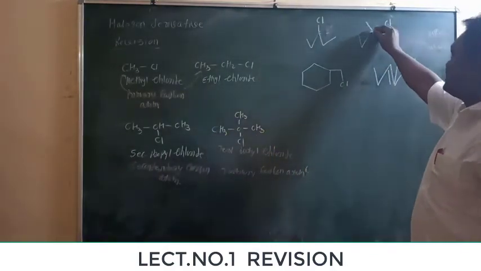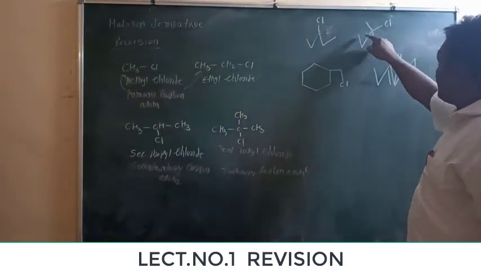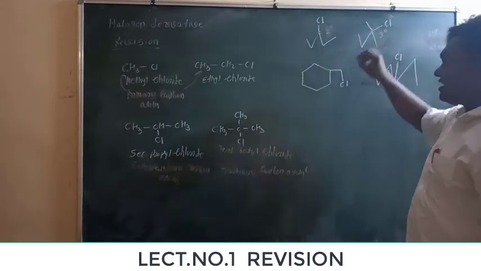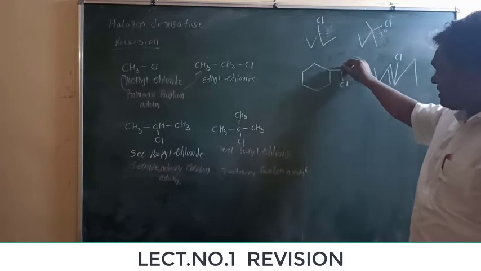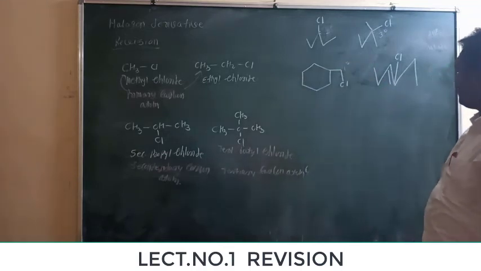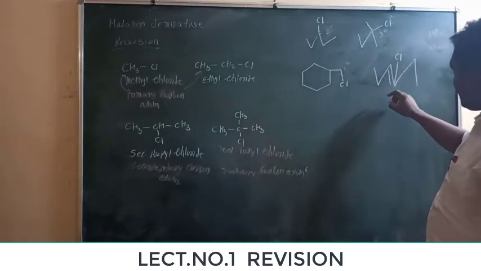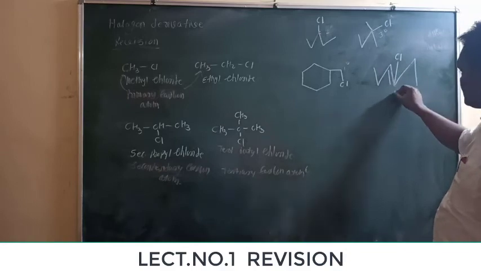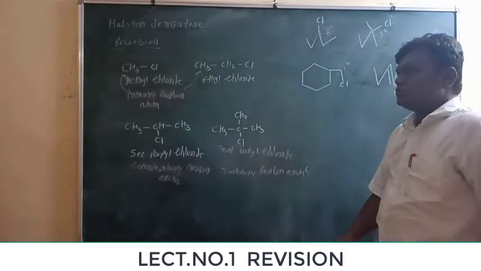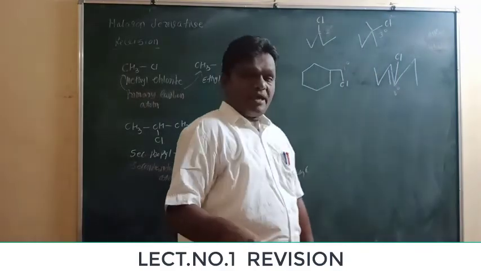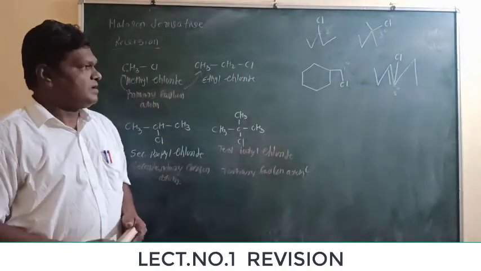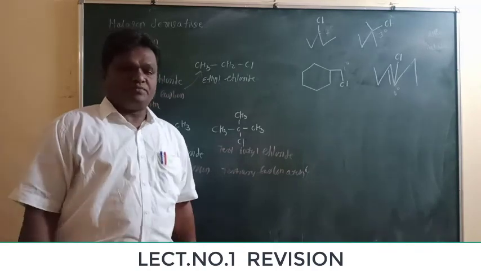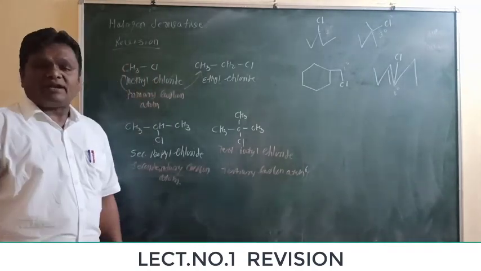Here, this carbon atom is attached to 1, 2, and 3, so we say this is a tertiary carbon atom. Here the halogen atom is attached to a carbon atom with first degree, so this is a primary carbon atom. Here the chlorine atom is attached to a carbon atom that is attached to two carbon atoms, so this is a secondary carbon atom. So we should be easily able to identify which is a primary, secondary and tertiary carbon atom. Okay, this is just the revision part. Let's start the actual topic called halogen derivatives.